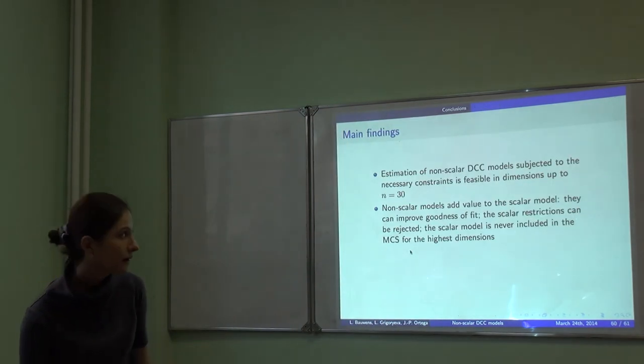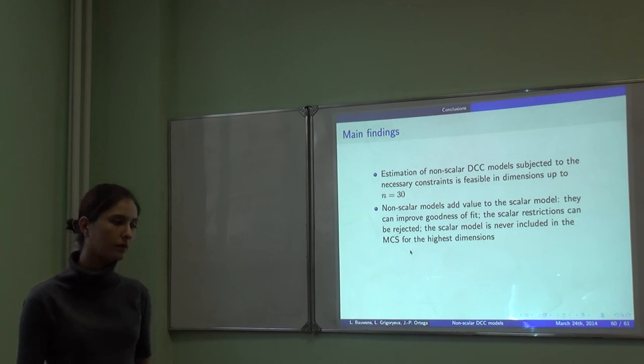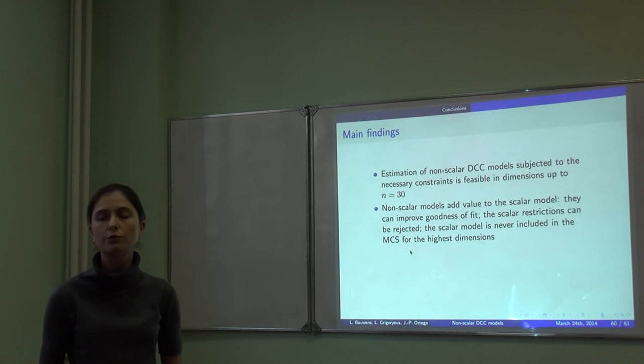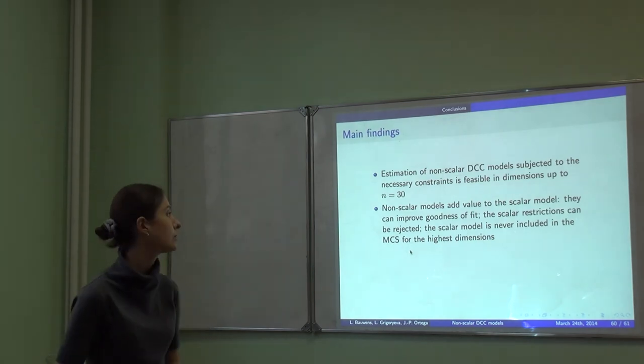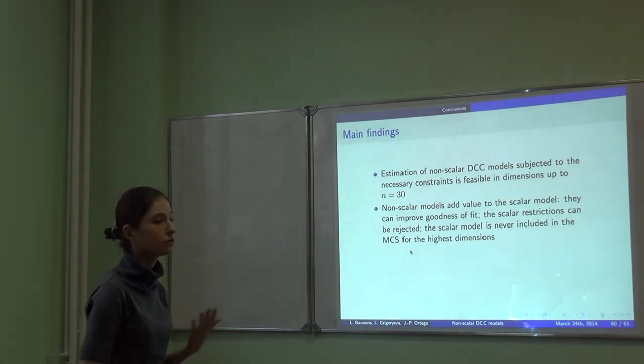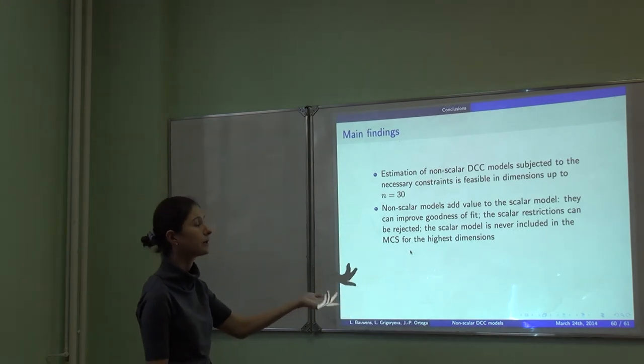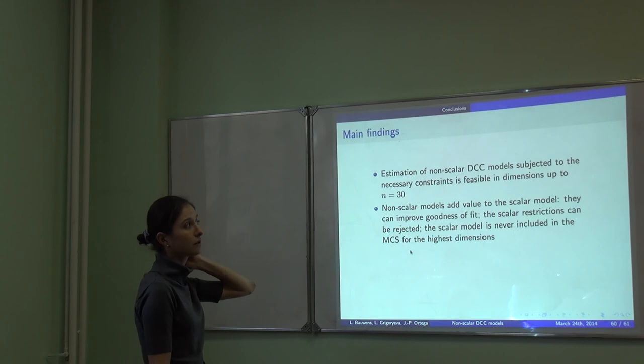So, main findings. We were able to construct an estimation method that gives an easy-to-use tool in order to estimate the parameters of all these models. We write it all down explicitly, give you some results, and in the end we construct the empirical performance tests.